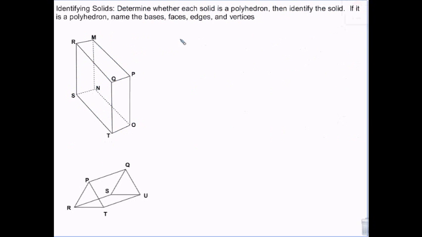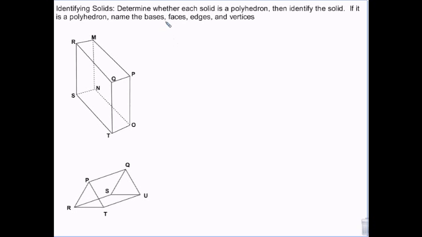Where we're going to identify the solid, we're going to say, okay, first of all, is it a polyhedron or not? If it is, we'll name it, and then we'll identify the bases, the faces, the edges, and the vertices. And we're going to differentiate between bases and faces: the bases are like the bottom and top if it's a prism, or just the bottom if it's a pyramid.